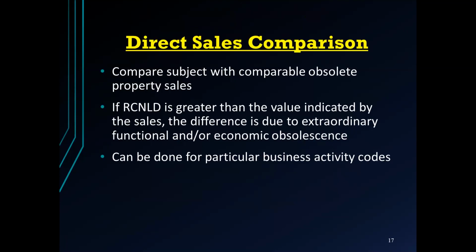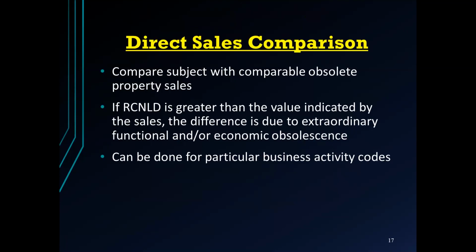The reason we're using RCNLD as the starting point is we're already assuming that there's typical physical depreciation, so we're still going to depreciate it through the tables. But we want to make sure that at the end of that, we have a good RCNLD basis, and then compare that to the sale of comparable obsolete property.